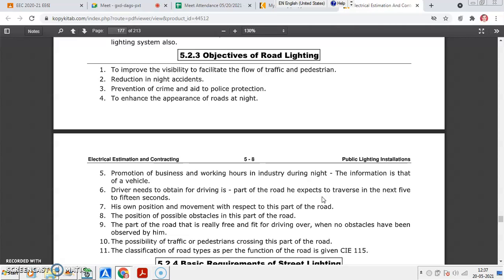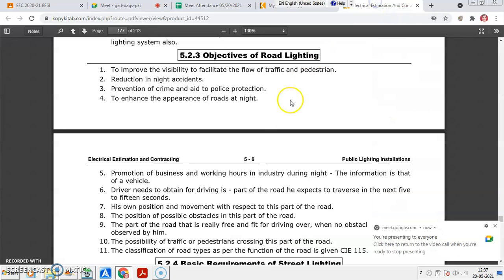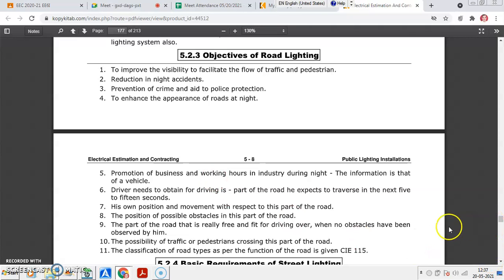Because if you have good illumination, you may run your industries 24/7 in 3 shifts. It helps the driver, it is an aid for the driving. So many parameters we were having, additional objectives of this particular street lighting or road lighting.